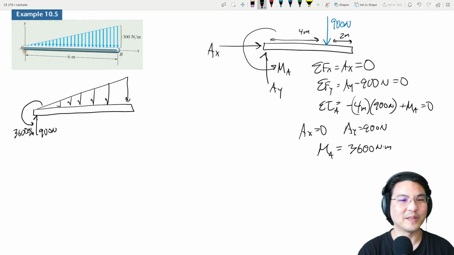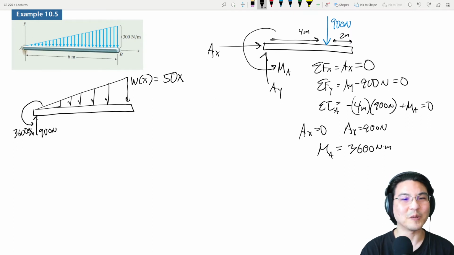Now, what is this loading curve? It's a function. It's linear. And then what is the slope? Rise over run, so 50x, and then the y-intercept is 0. So this is the loading curve as a function of x.